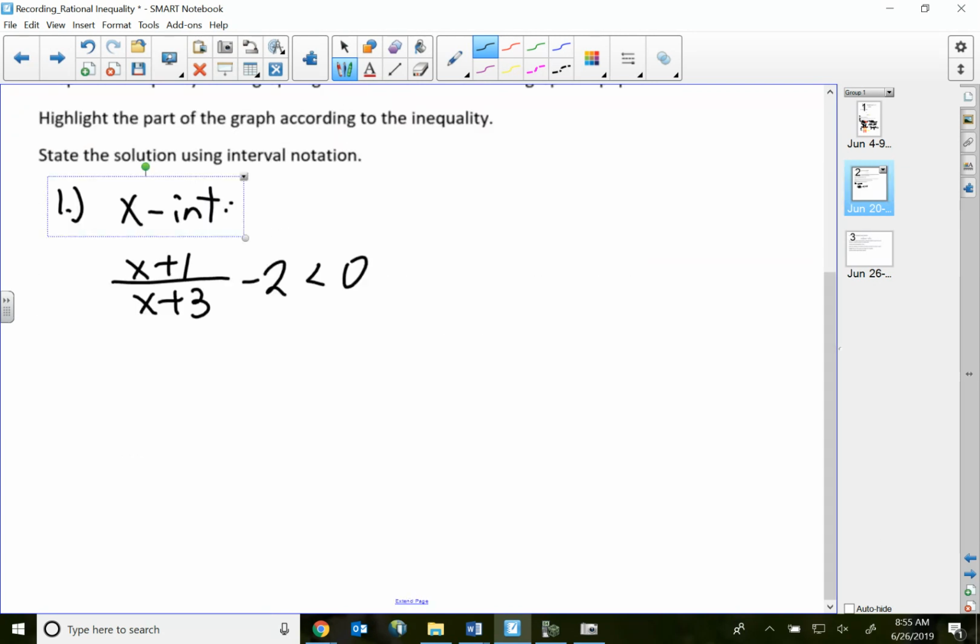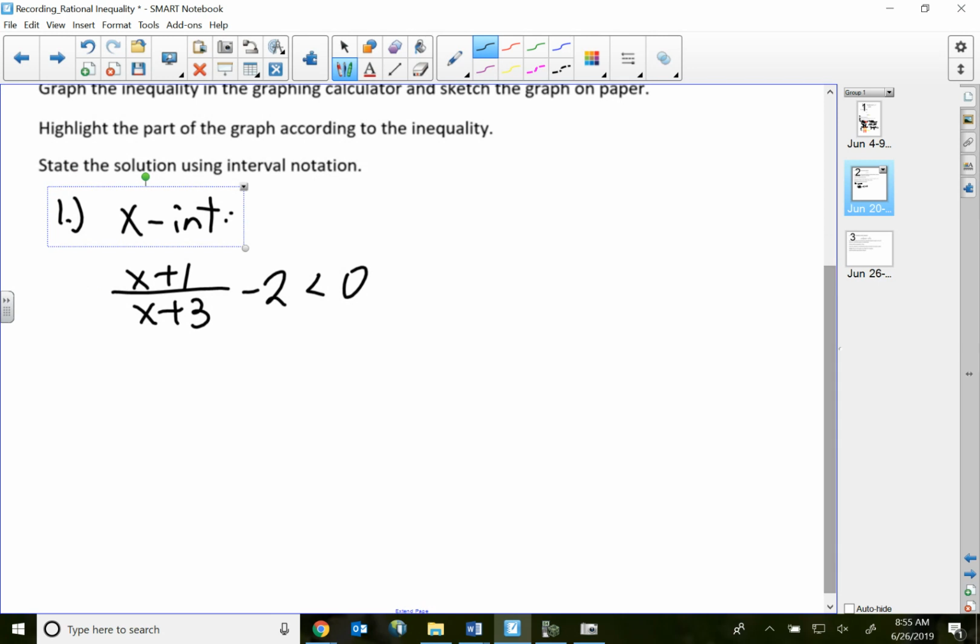I think I mentioned this during the review. Whenever we are combining a fraction with a whole number, we can always use a little trick. The trick is basically working out the problem just like converting a mixed number into an improper fraction.